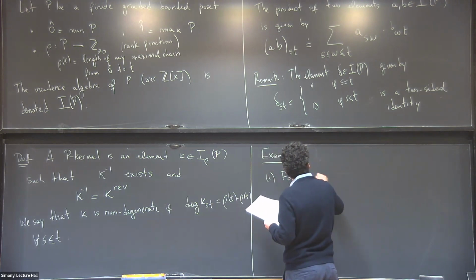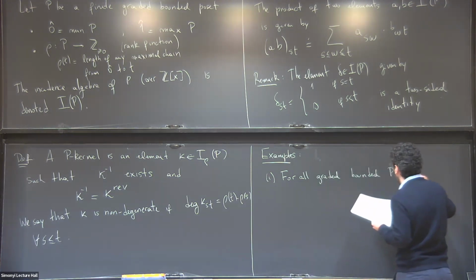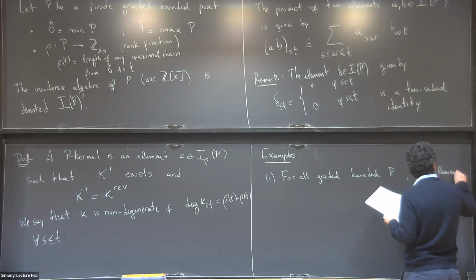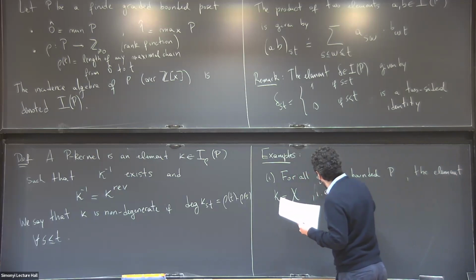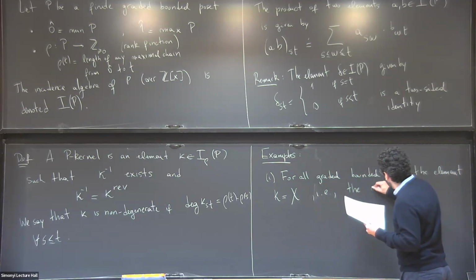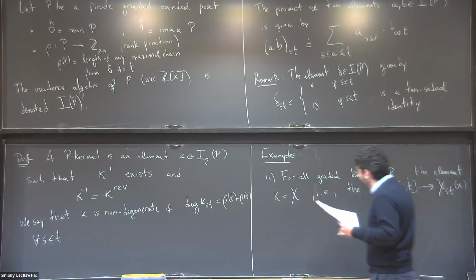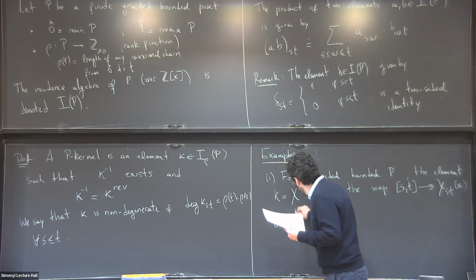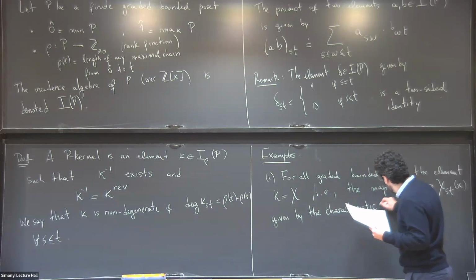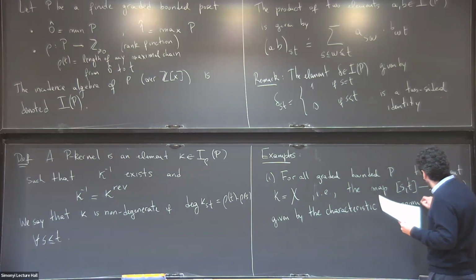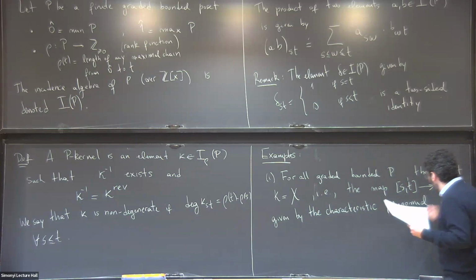For all graded bounded posets P, the element kappa equals chi, the map for all of them is a picker.